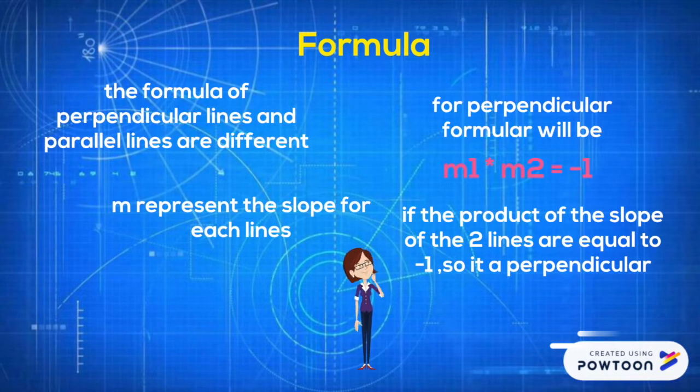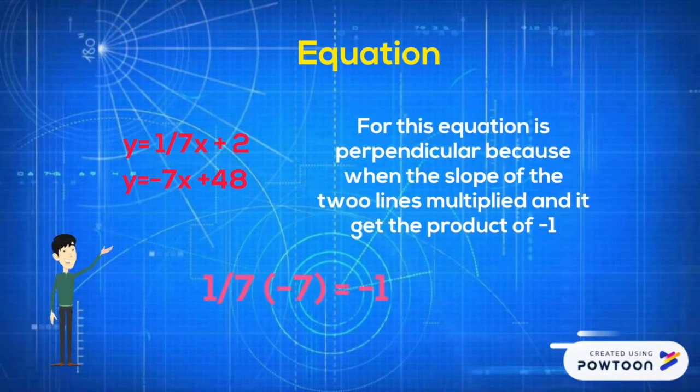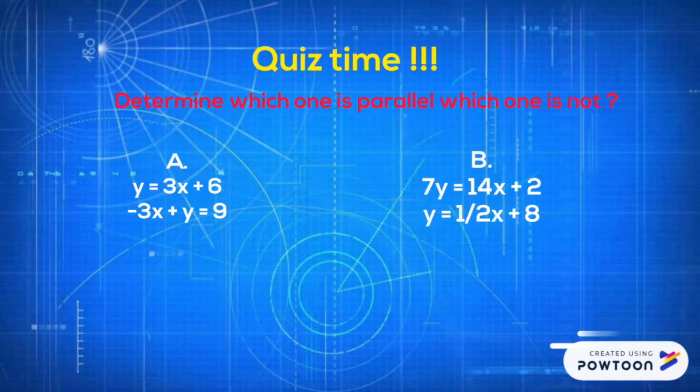If the product is negative one, it's a perpendicular line. In this example, the first line has 1 over 7x as its slope, and the second line has negative 7 as its slope. When they multiply to each other, they give a product of negative 1.